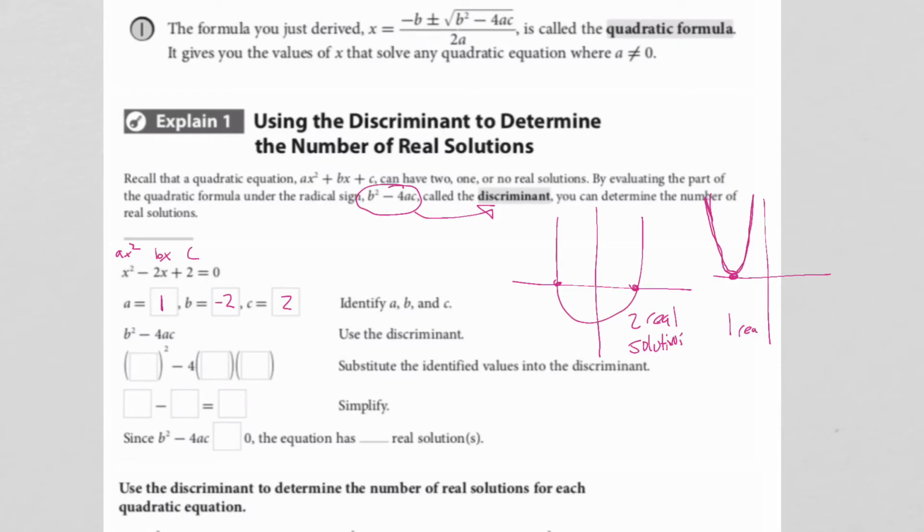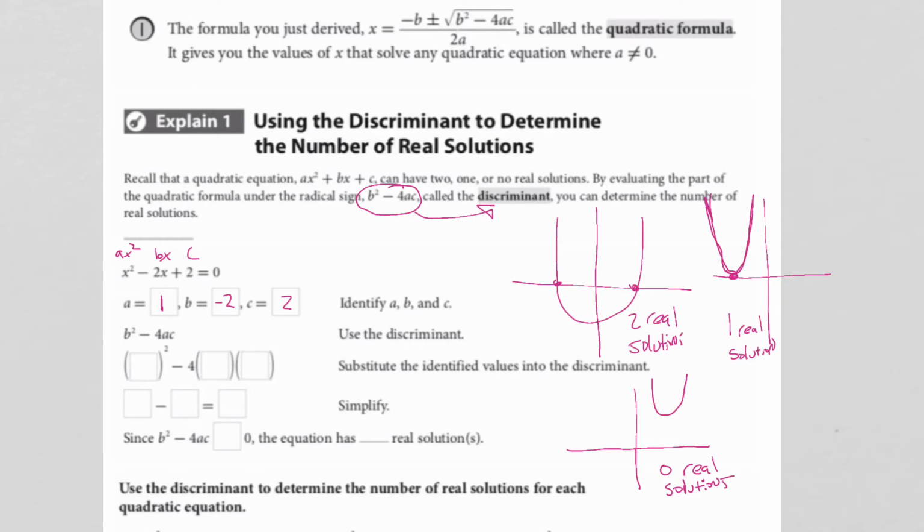That's one real solution. And then if you had a graph that looks like that, you see how the graph actually never hits the x-axis? That's called 0 real solutions. And all that means is the roots or the zeros of this equation would have i in them.